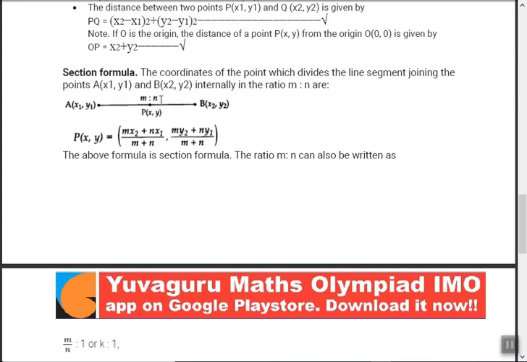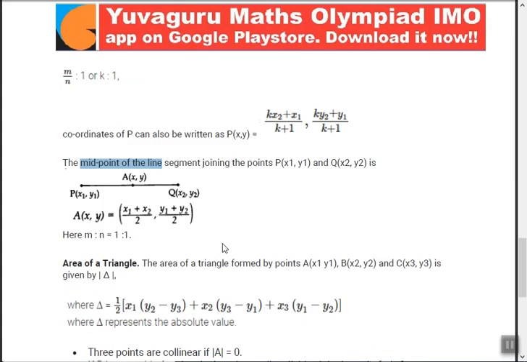Because the division is equal, 1 is to 1 is the ratio, it is half. That's why, in the midpoint formula, the coordinates of the midpoint are x1 plus x2 upon 2, y1 plus y2 upon 2. So even if you know only the section formula, you can derive this midpoint formula immediately.